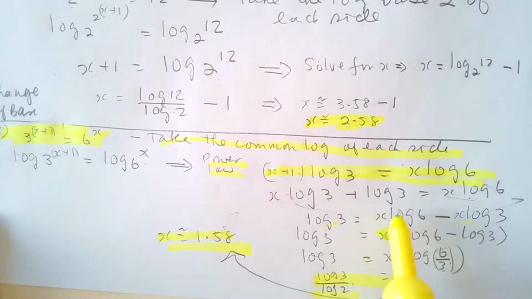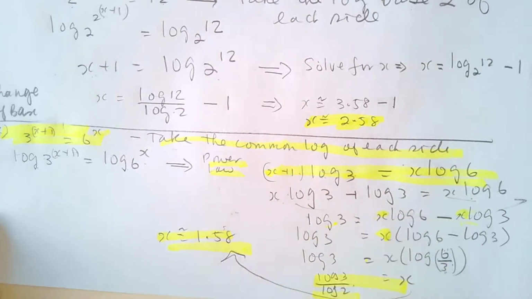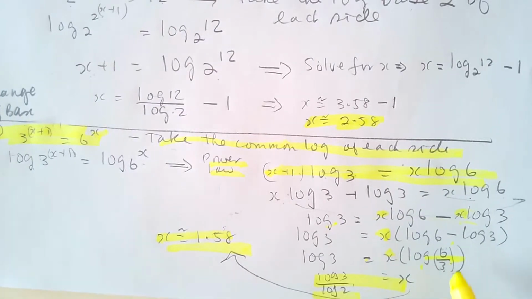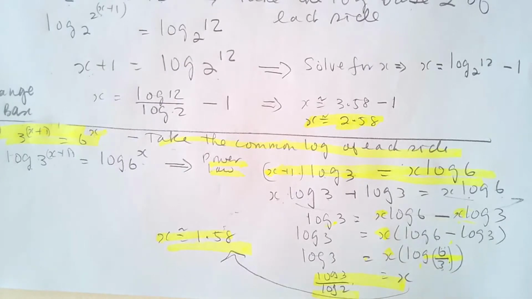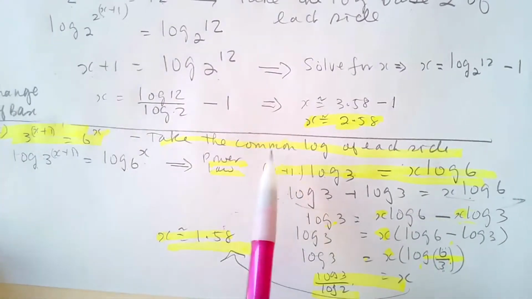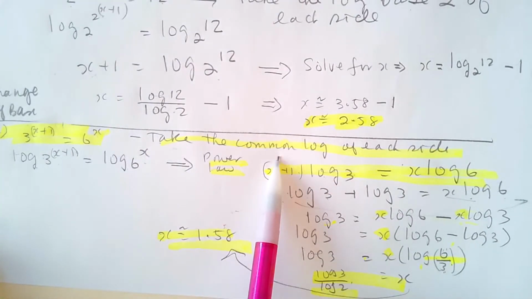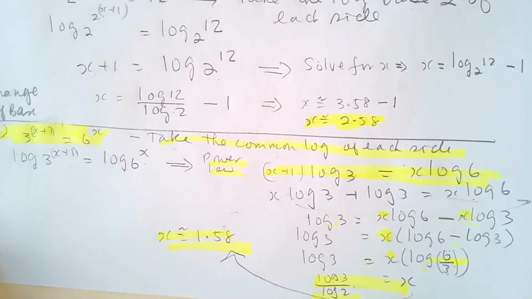So x is common factor for both of these. We apply the quotient law, simplify, and then solve for x. In this case, we didn't have to apply the change of base because at the beginning we took the common log, which is base 10 already.